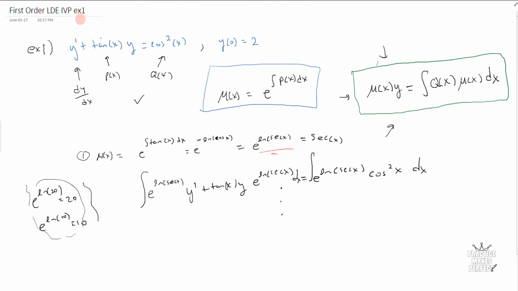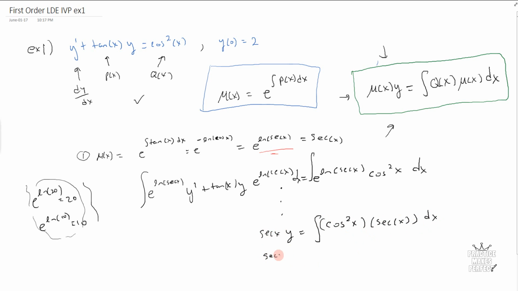So what we could do is use this equation. Our integrating factor is secant of x. Times y equals the integration of cos squared x times our integrating factor, which is secant of x, dx. So we could leave this by itself.